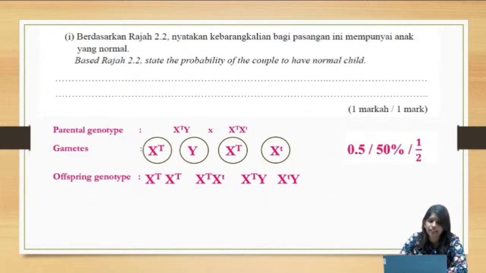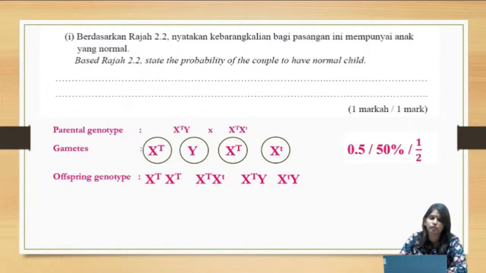Then you have X with dominant allele followed by Y, and X with recessive allele followed by Y. I can conclude that the first is a normal girl, second, a carrier girl, third, a normal boy, and the fourth, a son with the disease.